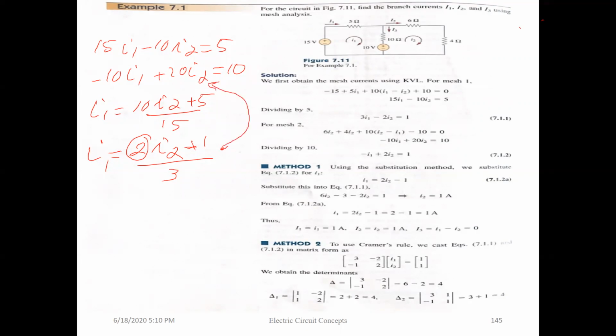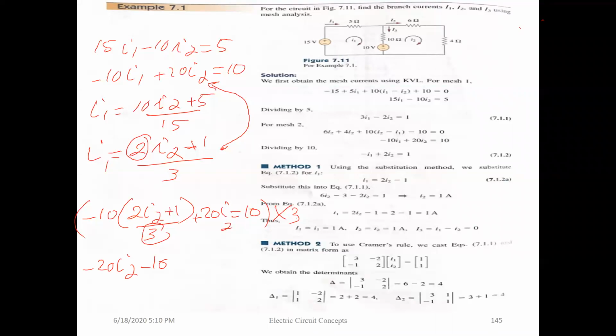So we will have minus 10, and then (2I2 plus 1) over 3, and then plus 20I2 equal to 10. To get rid of the 3, just multiply both sides by 3. So 3 divided by 3 is 1, so we get minus 20I2 minus 10, and then 3 times 20 is 60I2, and 10 times 3 is 30.